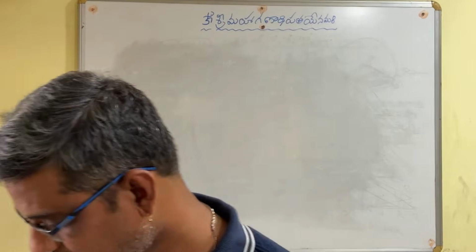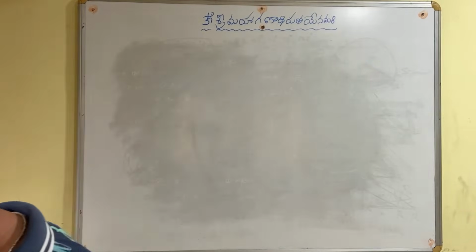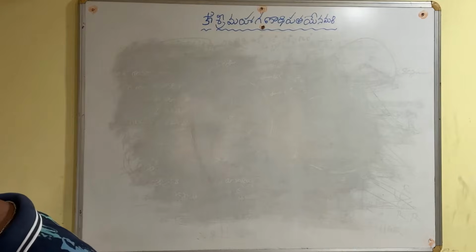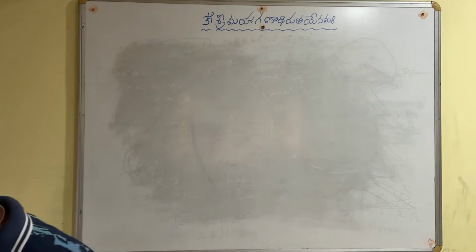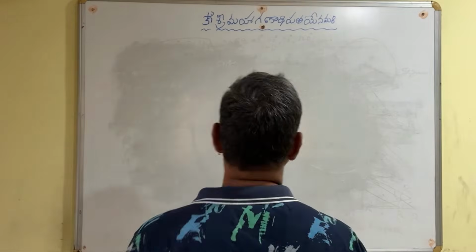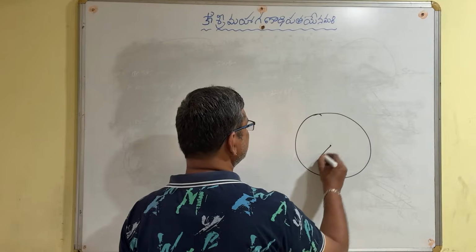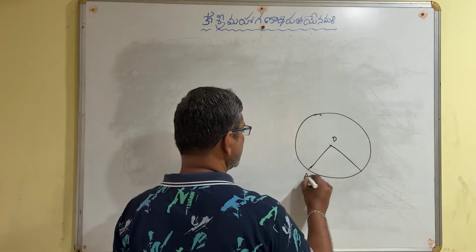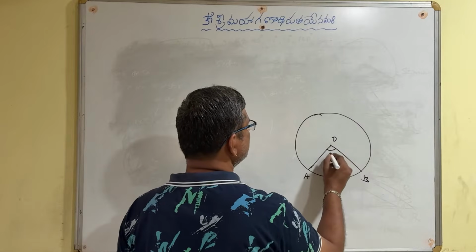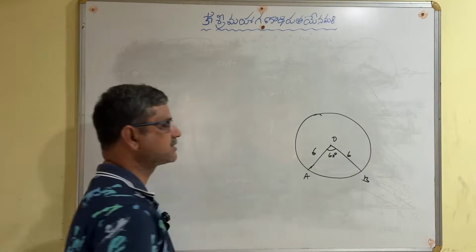Okay. First question. Find the area of the sector of a circle with radius 6 centimeters, if the angle of the sector is 60 degrees. Basic question. Sector angle 60 degrees, radius 6 centimeters.